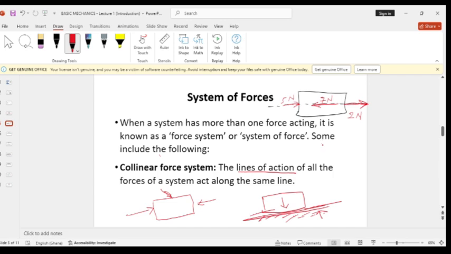The 5 Newton force is acting from left to right, towards the right. Then the 7 Newton force is acting towards the left. The 2 Newton force is acting towards the right. However, the common thing among all these forces is that they are acting along the same imaginary line. So we say they have the same line of action. So that is for collinear forces. They have the same line of action, or they act along the same line.